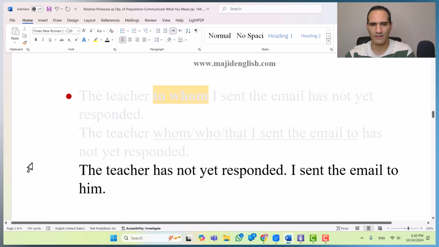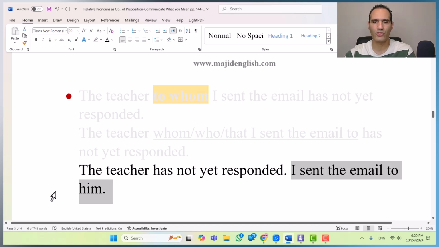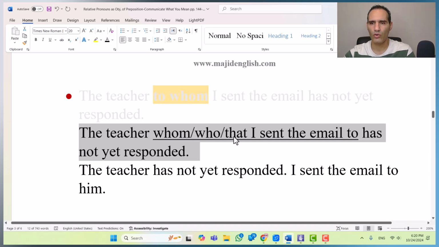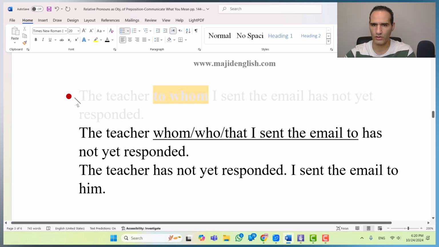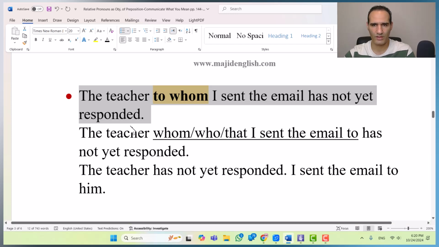And this is the last example in this case. The teacher has not yet responded. I sent the email to him. Send to. So the teacher whom I sent the email to has not yet responded. The teacher who I sent the email to, that I sent the email to, or to whom. The teacher to whom I sent the email has not yet responded.